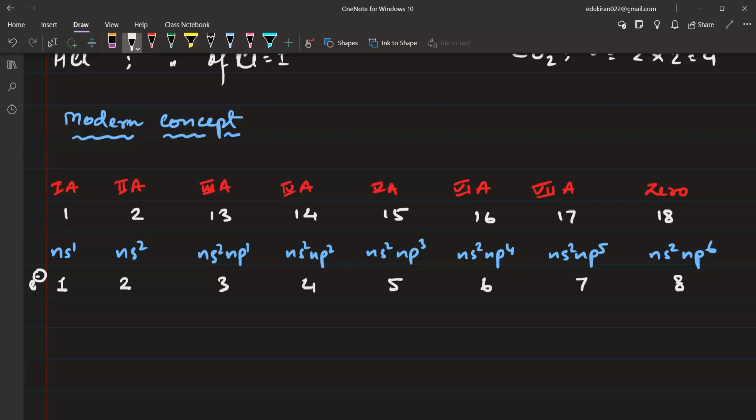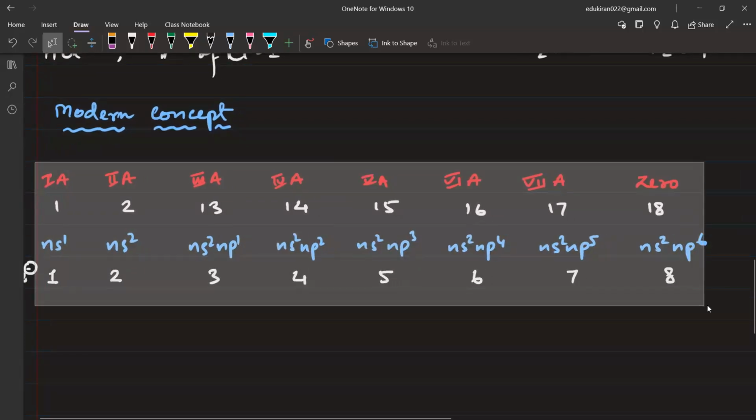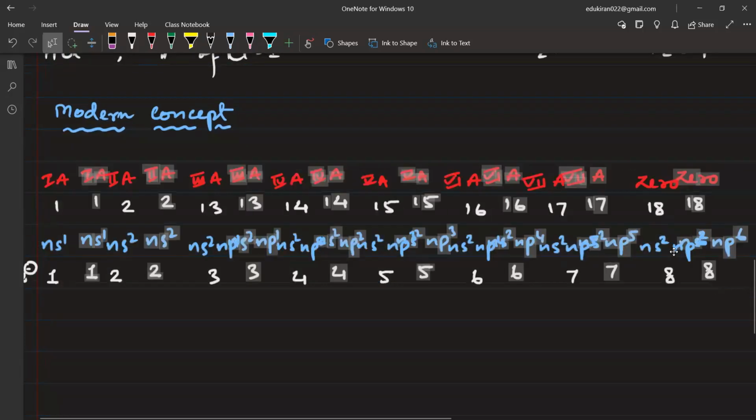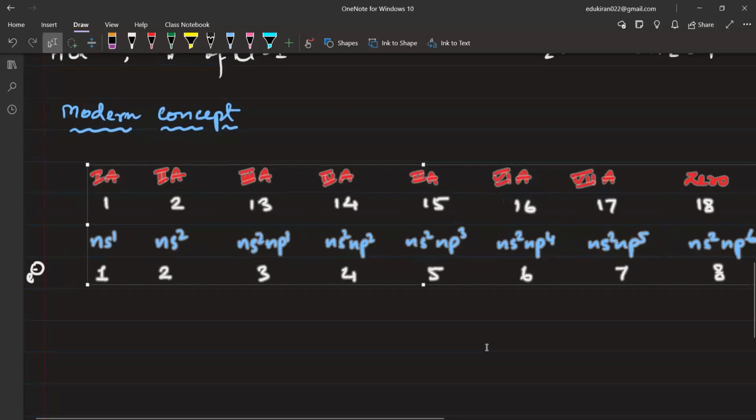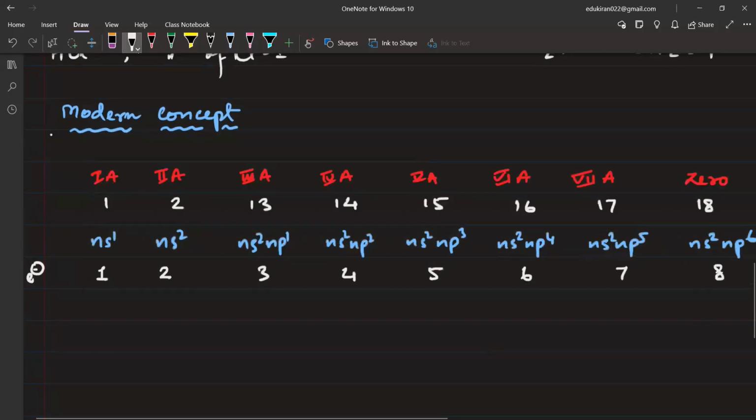If I talk about the valency, then this will be 1, 2, 3, 4.